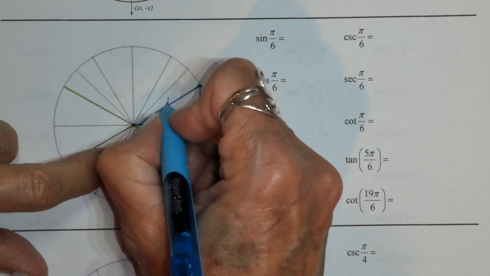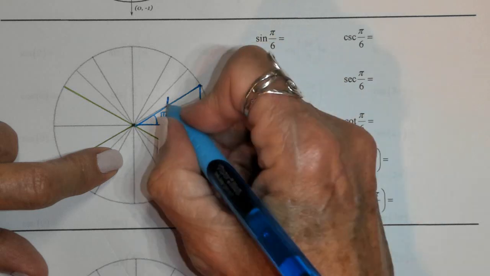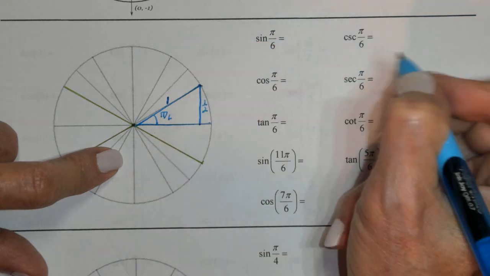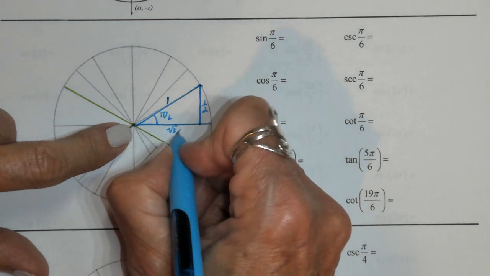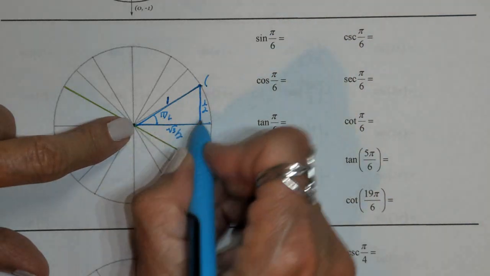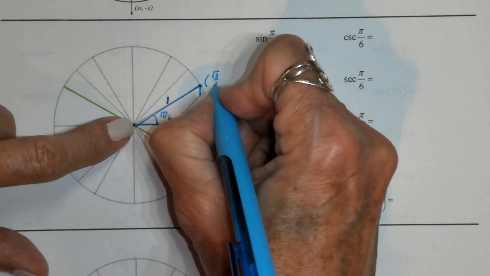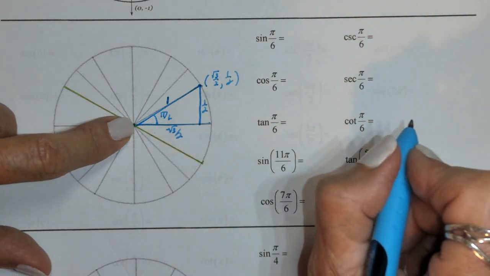I know that this distance here is 1. I know that this is half of that. So that is 1/2. And using the Pythagorean theorem, this would be the square root of 3 over 2. So this point is square root 3 over 2, 1/2. Okay?